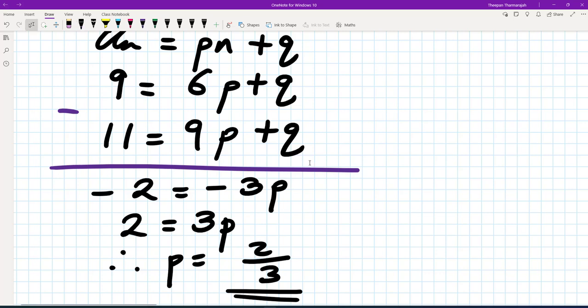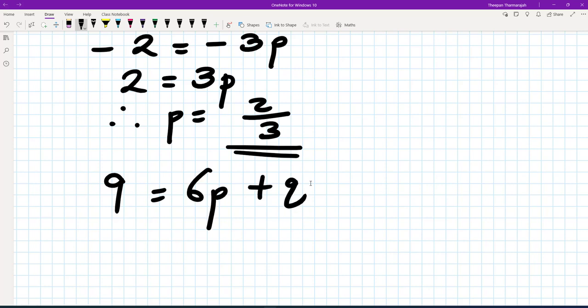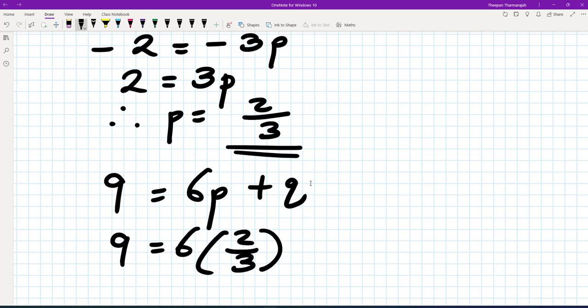Now I'm going to sub into the first equation to find q. So 9 equals 6p plus q. We sub in p, so 6 times 2/3 plus q.